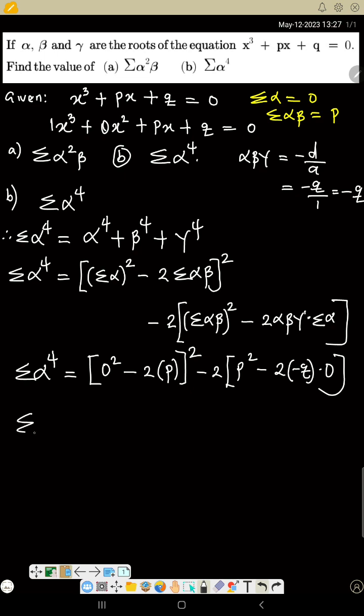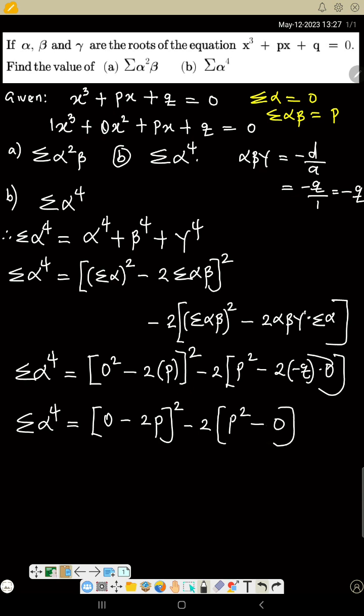So now summation alpha raised to power 4 equals, this is 0, minus 2p square, then minus 2 p square minus 0, because everything here times 0 is 0. Summation alpha raised to power 4 will be equals to minus 2p everything square minus 2 brackets p square.